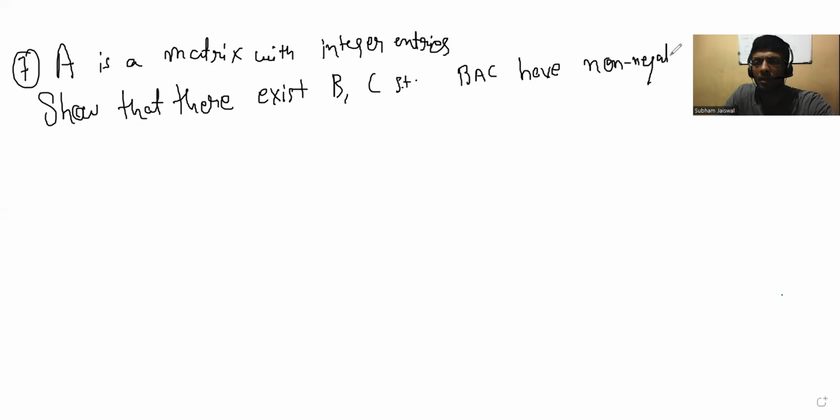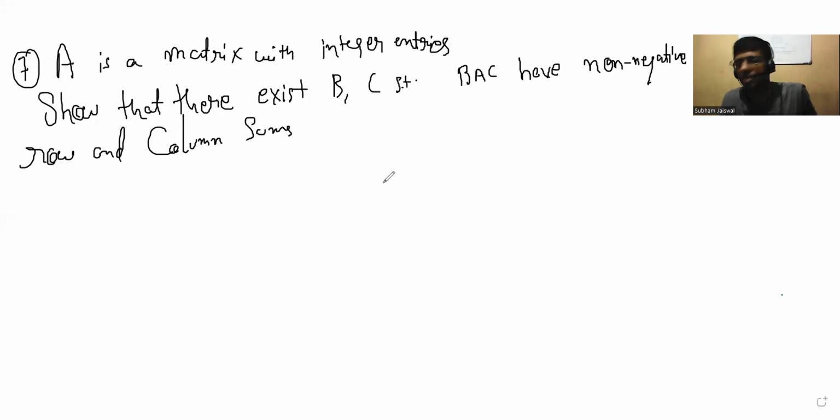Non-negative is what we can say, not positive: non-negative row and column sums, both have to be said. This is not really a matrix theory question. The topic is also a sort of invariance principle, if I remember, but let's try this.